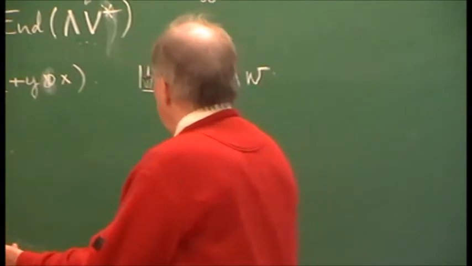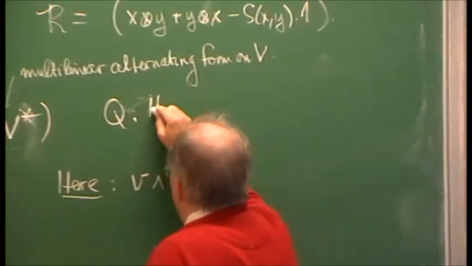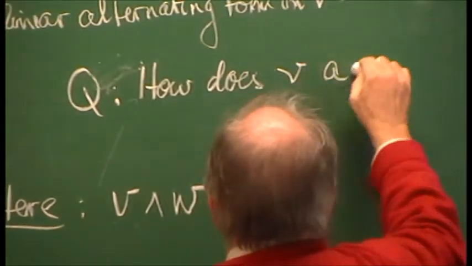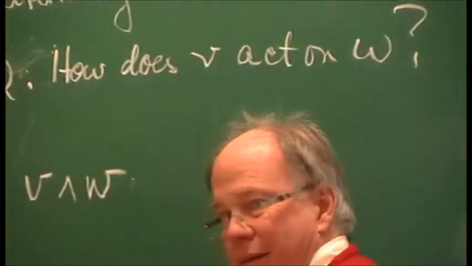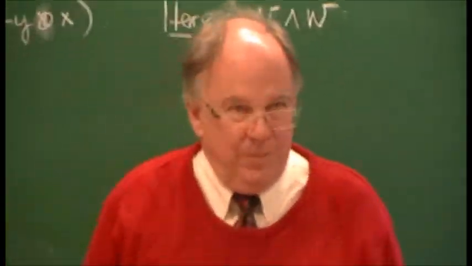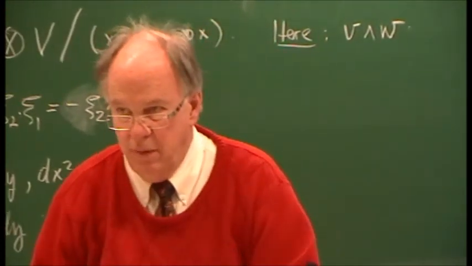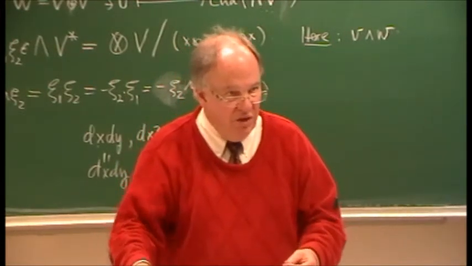Now what can I do? So question, how does V act on omega? I give you an alternating form, maybe a bilinear form, I don't know. Alternating form, what can you do to it with V to make it act?